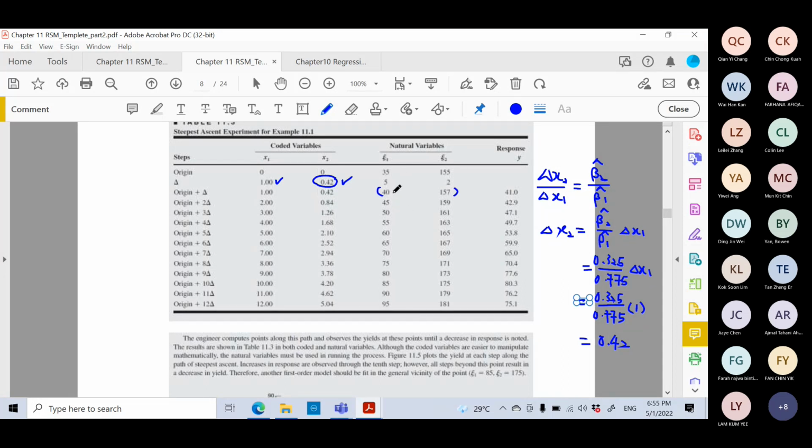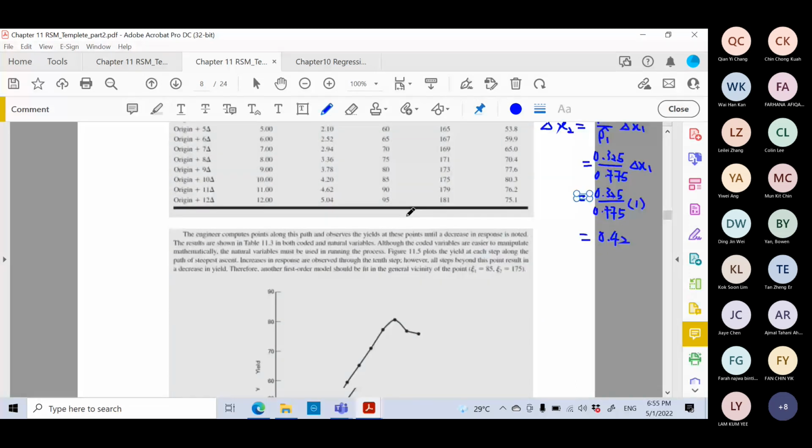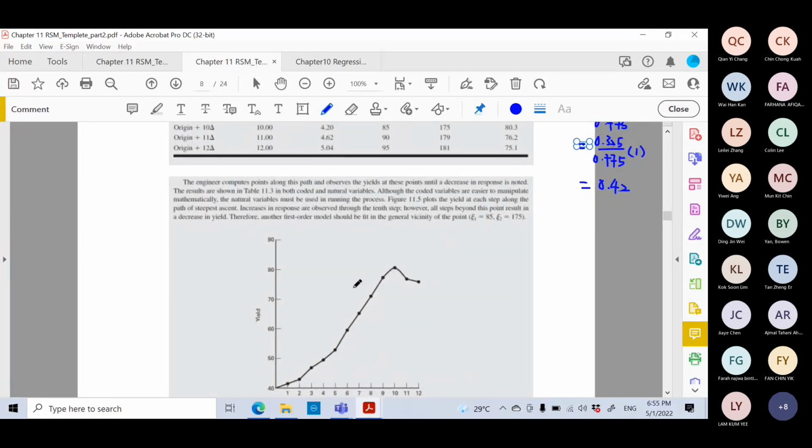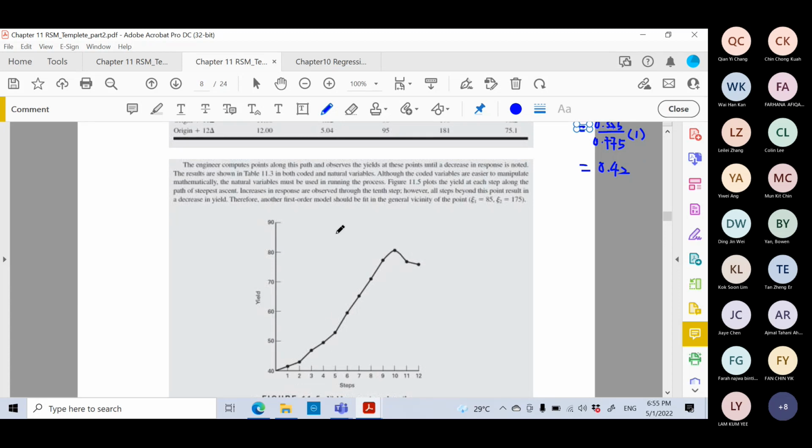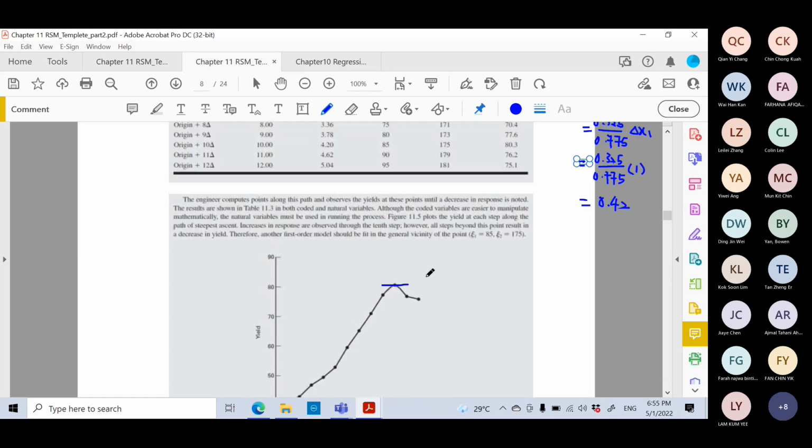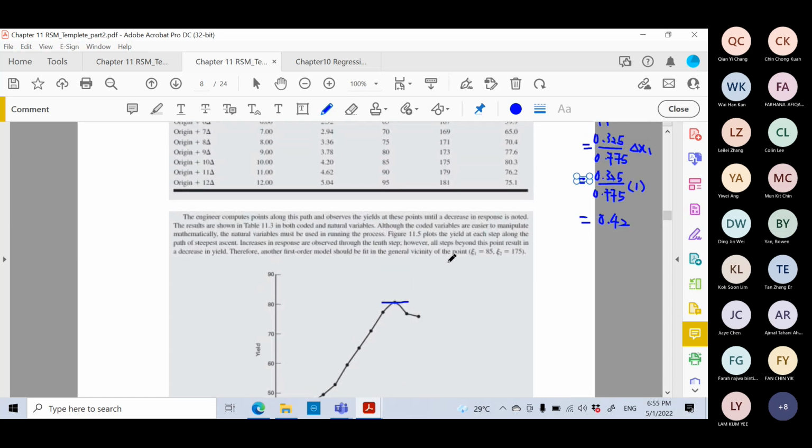This is the graph you have. You first run the center point, then you run the first one, the second one, and the third one. These are the experimental values. You run them out, then you locate the optimal solution. You slowly run your experiment until the peak is the optimum, then the response goes down. This will be your optimal solution in this case.